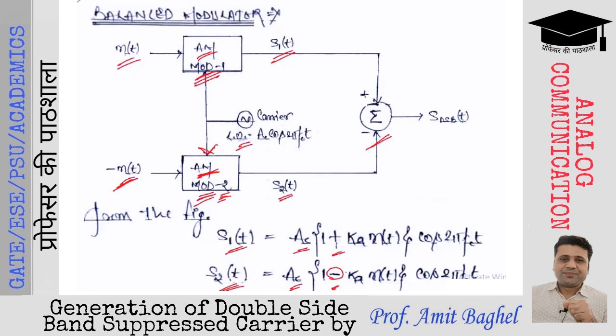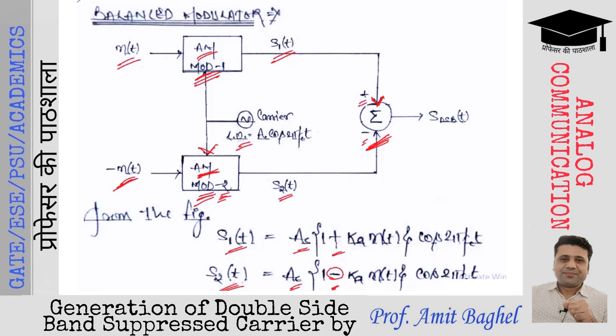Now we have a summer, and that summer is summing the two outputs S1T as well as S2T. इस समर पर जो दो आउटपुट आ रहे हैं S1T और S2T, उन दोनों को सम करने का ऑब्जेक्टिव है समर का. Observe, S1T is coming with a positive polarity, whereas S2T is coming with a negative polarity.